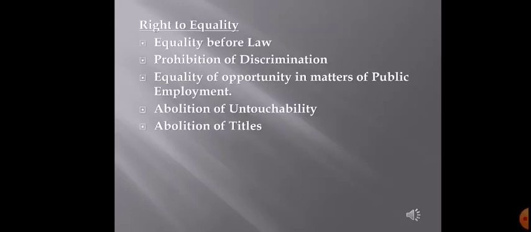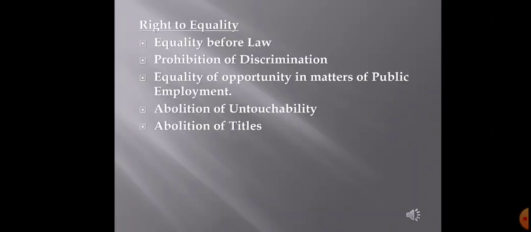Now, in the fourth point, we will see abolition of untouchability. The Constitution declares that untouchability is abolished and its practice in any form is forbidden. The Untouchability Offence Act of 1955 provided penalties for preventing a person from entering a place of public worship or taking water from a tank, well or spring.